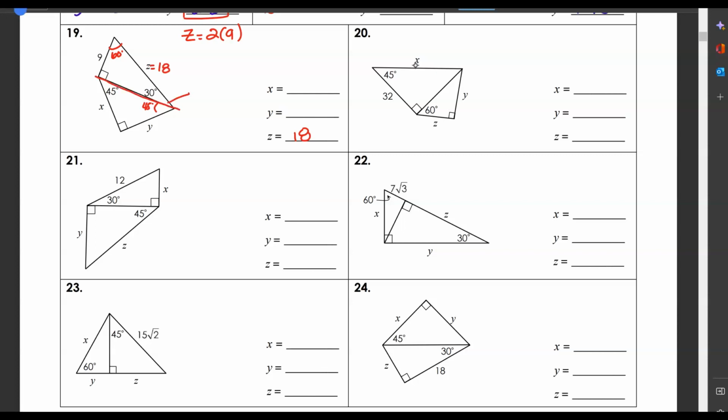So this length here is going to be given to me by 9 root 3. So now I have a side, which is now the hypotenuse of a 45 degree triangle. And so this tells me that 9 root 3 is going to be equivalent to x times root 2. So we're going to divide by root 2, so we end up with 9 root 3 over root 2. Let's go ahead and rationalize that.